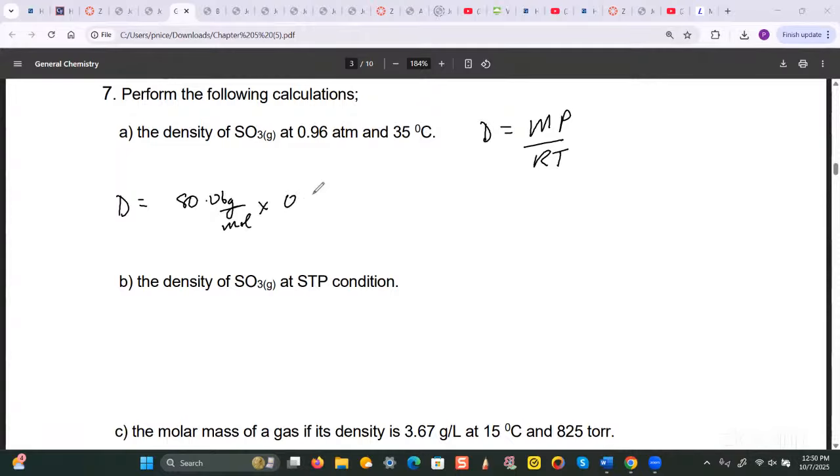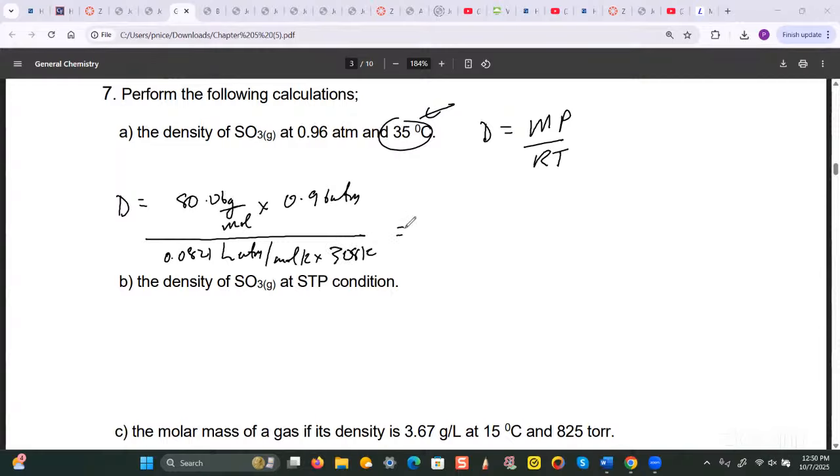What's the pressure? 0.96 atmospheres divided by R, which is always 0.0821 liters atmospheres over mole Kelvin, multiplied by the temperature, which is 35 degrees, which you have to convert to Kelvin. So that's 35 plus 273. So that's 308 Kelvin. And then we do the number crunching.